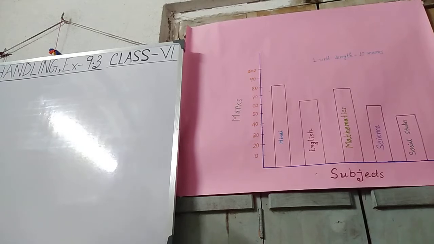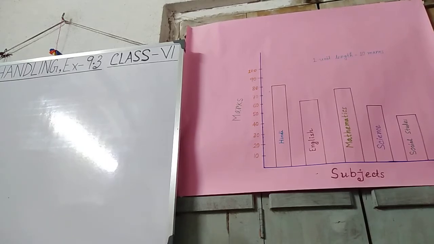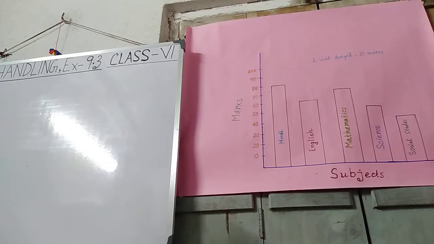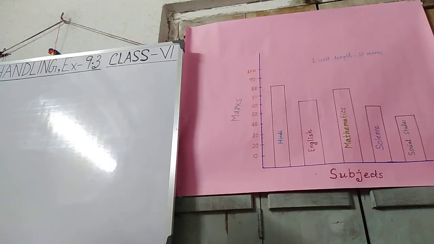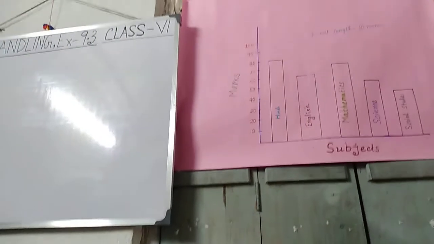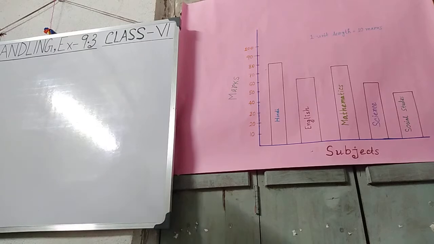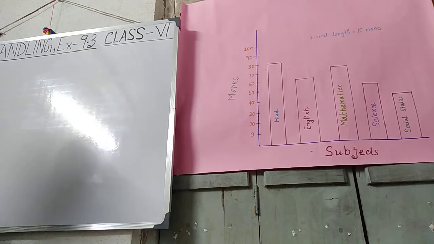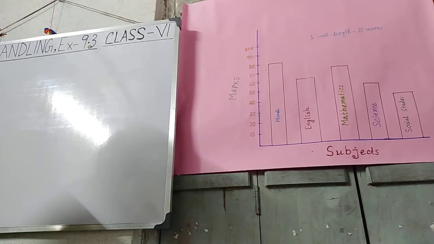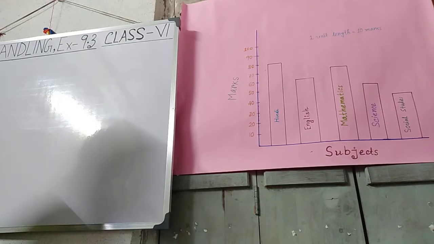Now our second question, name the subject in which Aziz scored maximum marks. From the bars we can easily say which bar has the maximum height, meaning the highest height.